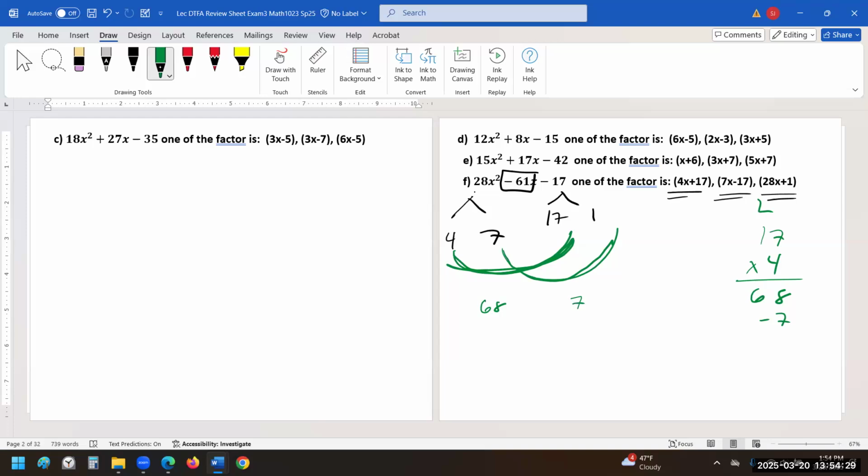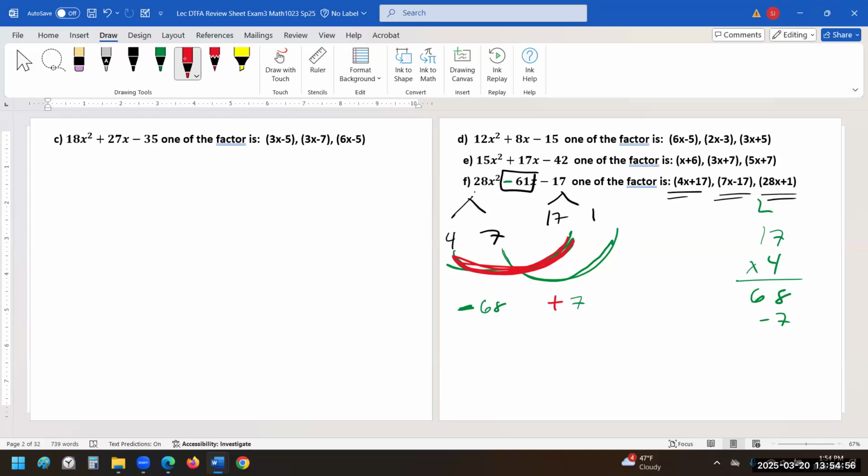68 has to have which sign, positive or negative? Negative, because our middle sign is negative. That means 7 has to have what sign? Positive. Since 68 has to be negative, and we got 68 from 4 and 17, these two cannot be negative; they're always positive.